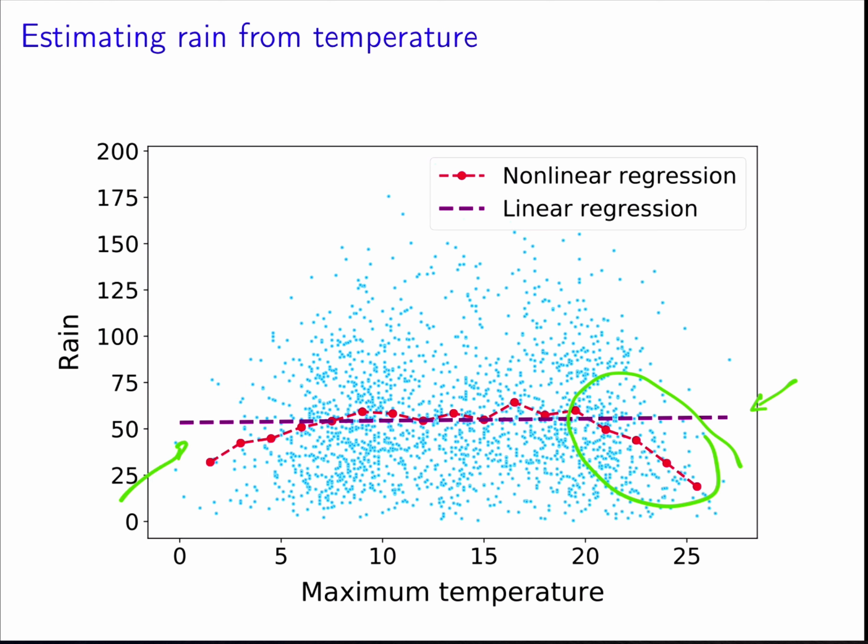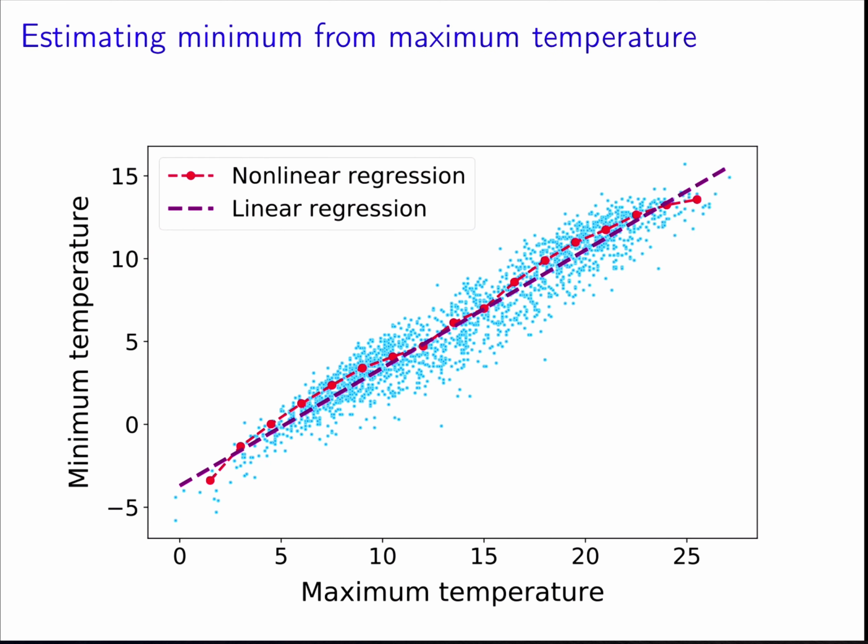Again, it seems like a great idea to have a nonlinear estimator here when you have one single feature. When you have many more features, it becomes much more difficult to fit nonlinear estimators, but it's still often a good idea. And there's several techniques to do that, such as kernel regression, nearest neighbors, or neural networks.